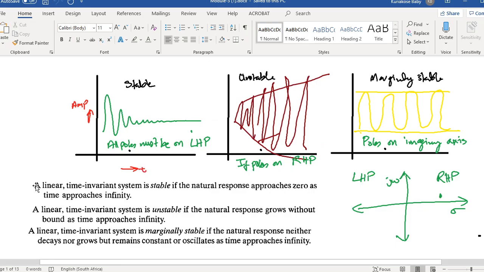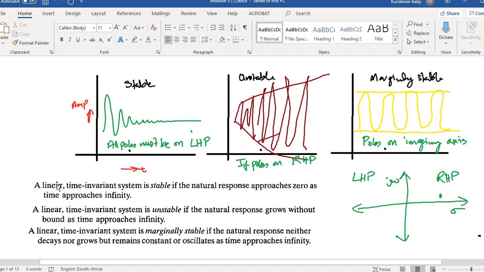Now, a linear time invariant system is said to be stable if the natural response approaches zero as time approaches infinity. So if you take this graph here for the stable system, you will see that this is the time axis and this is the amplitude.